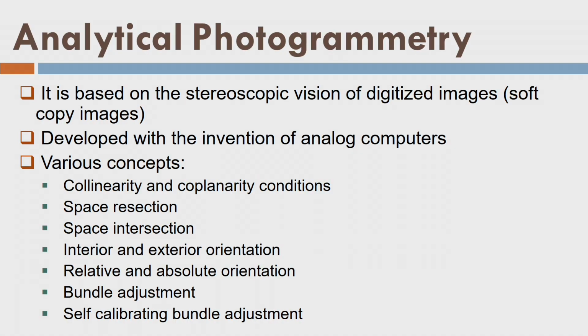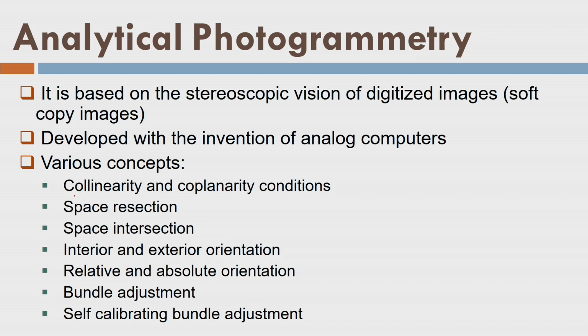From those photographs, we started using scanners, scanning those photographs. And those images generated by the scanners are used as soft copy images in the computers. And so, analytical photogrammetry started.